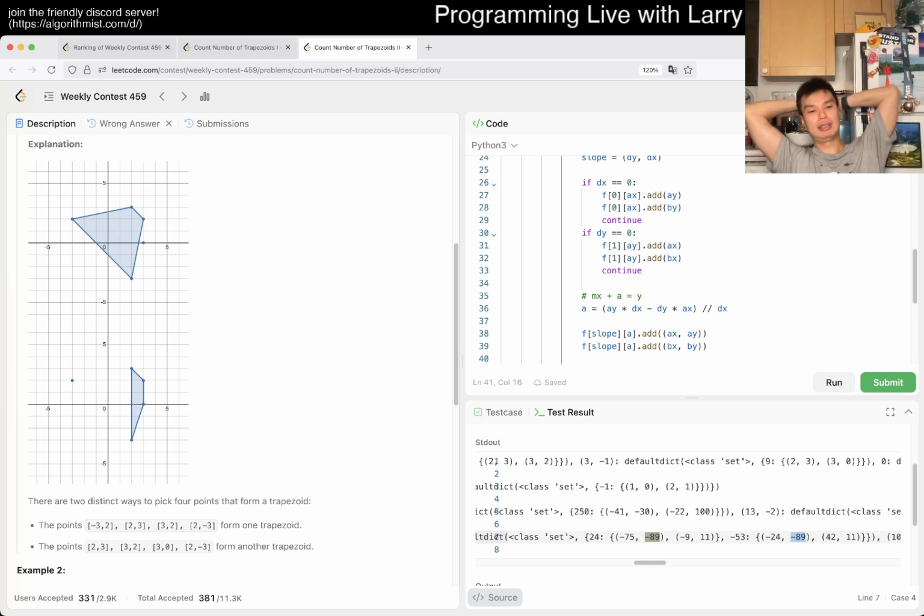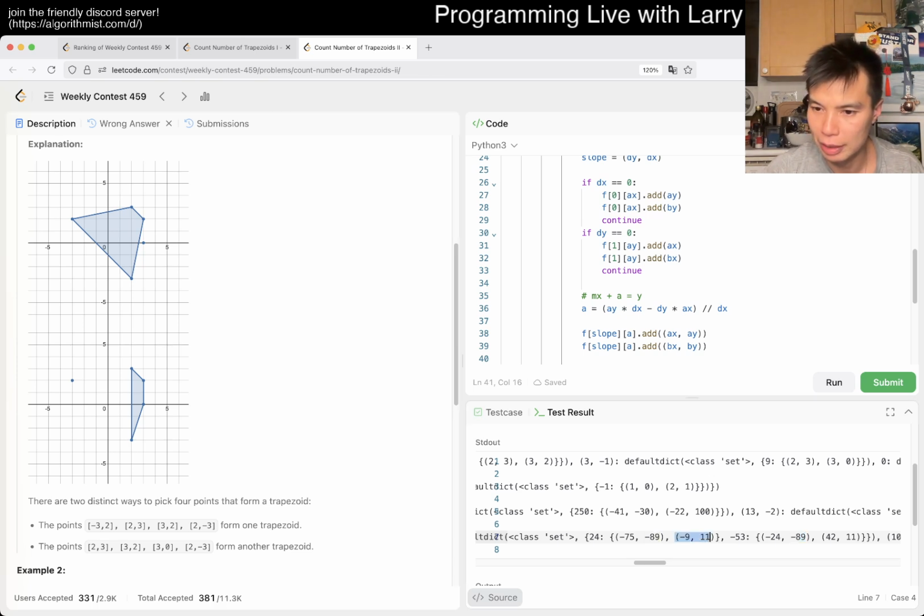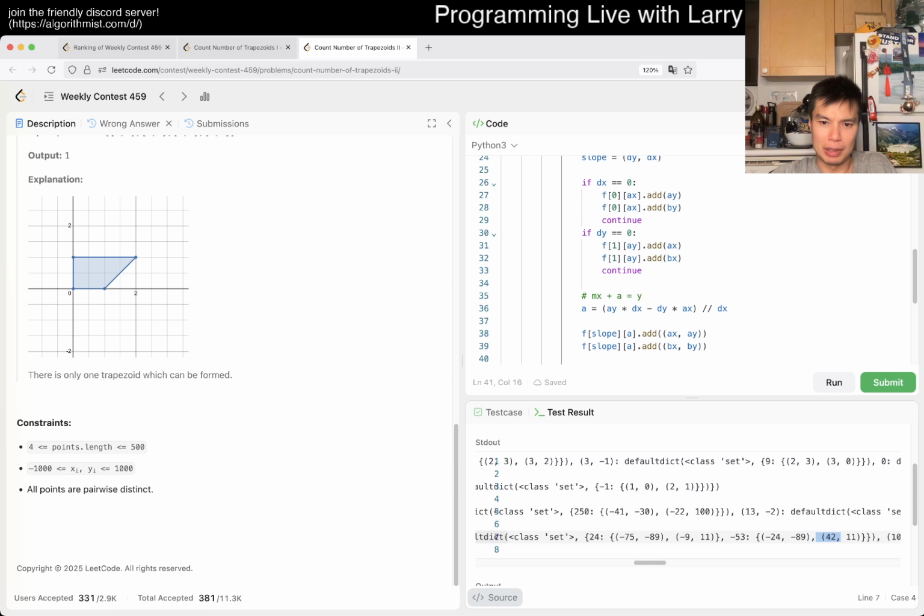That's why. I don't handle the parallelogram. Huh. Yeah, because these two form a top edge, so now it's a parallelogram. I see. How do I handle parallelograms without just deduping it in a weird way?